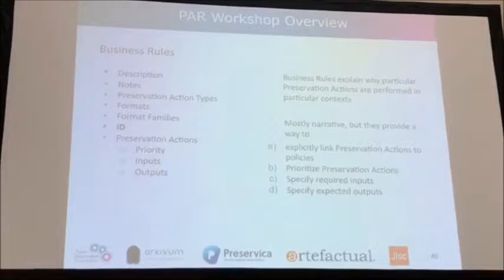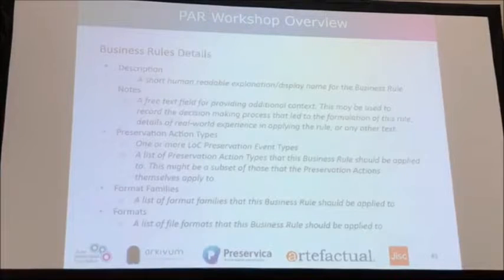When you see some of the examples, hopefully this will make a little bit more sense, but it also allows you to specifically say, I have many preservation actions available, but which one is the one I prefer to use first, or which one I consider best. And you can also say, my preservation actions work many different ways, but in order to satisfy my business needs, I have very specific inputs, or I expect specific outputs from the preservation actions.